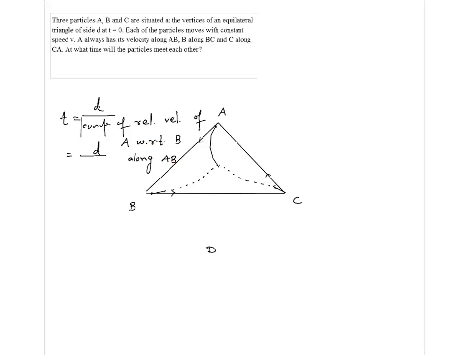Magnitude of that. Component only I want along AB, and that can be very easily found.